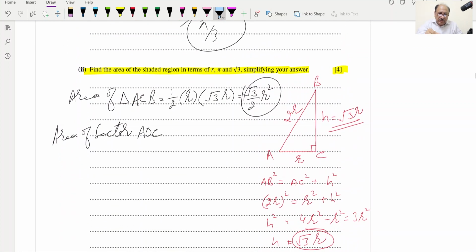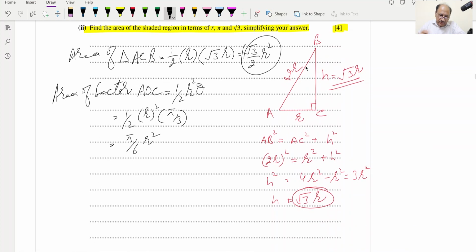The area of the sector will be equal to 1 by 2 r squared theta, this will be the formula. So 1 by 2, r squared, and theta value is pi by 3, and we can rewrite it as pi by 6 r squared.